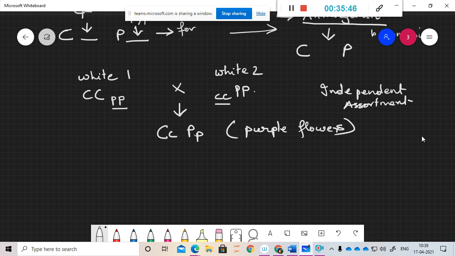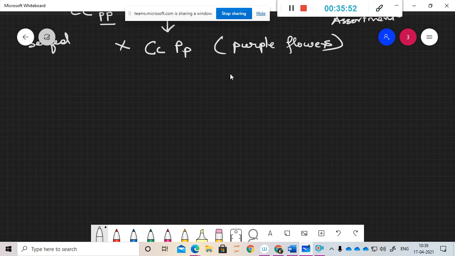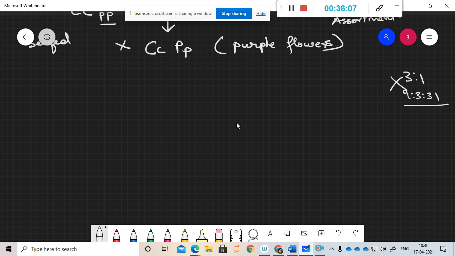Now when they were selfed, the following results came. Instead of 3:1 or 9:3:3:1 or whatever, they got a ratio of 9:7 of purple is to white.